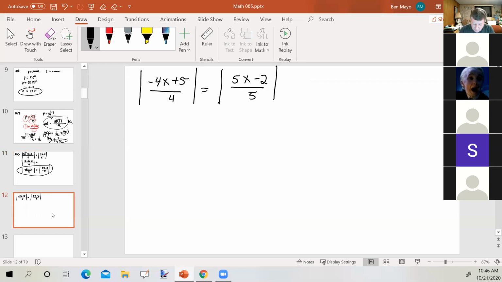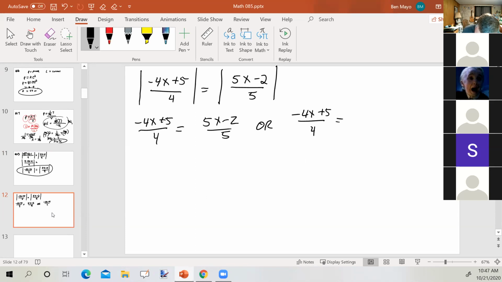So now, since we've got two absolute values, one equation is going to be what's inside on the left equals what's inside on the right, or what's inside on the left equals the opposite of what's inside on the right. So those are going to be the two equations, the basis of my possible two solutions. Any questions so far?